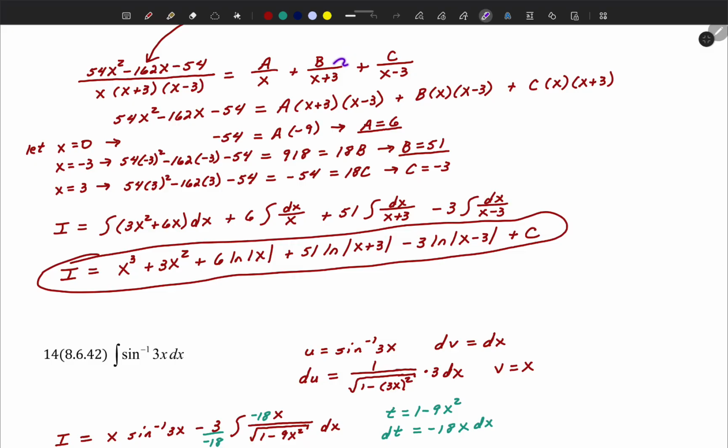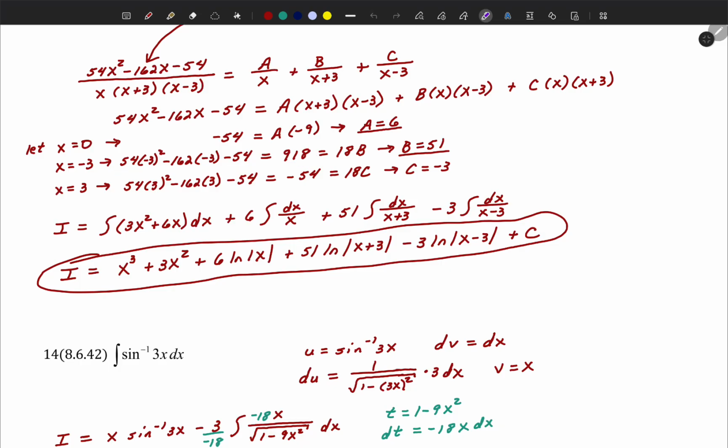In order to get to my answer for B, I would want to let x equal negative 3, and I should be able to solve for B. That's what I've done here. So if I let x equal negative 3 on the left-hand side, it becomes 54 times negative 3 squared minus 162 times negative 3 minus 54. When I entered that into my calculator, I got 918.